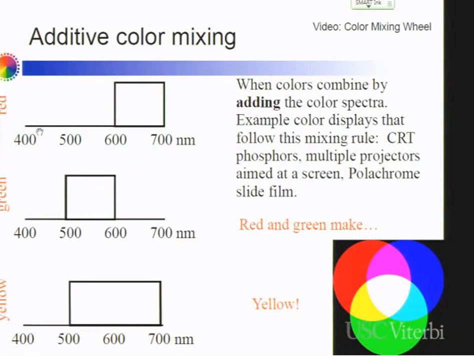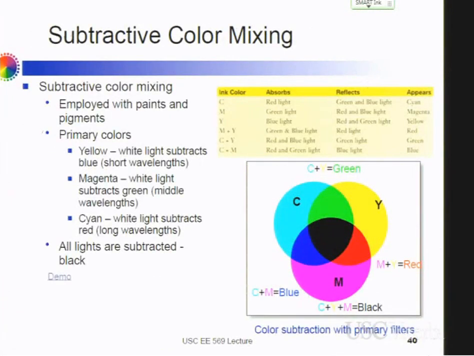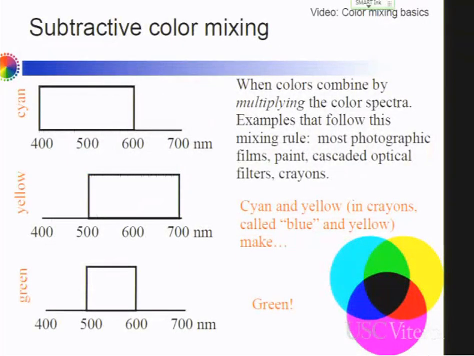All right, so this is additive color mixing. On the opposite is what we call subtractive color mixing. The primary colors, again, are not RGB anymore. They are yellow, magenta, and cyan. Similarly to the additive case, for subtractive, if you mix 2 lights together, the spectrum of the resulting light is obtained by taking out the common parts of these 2 lights.